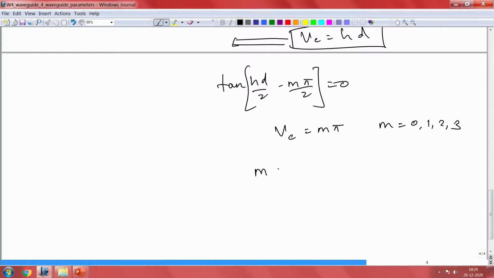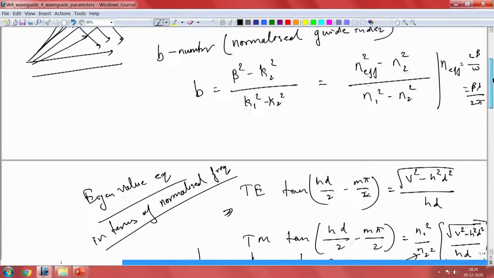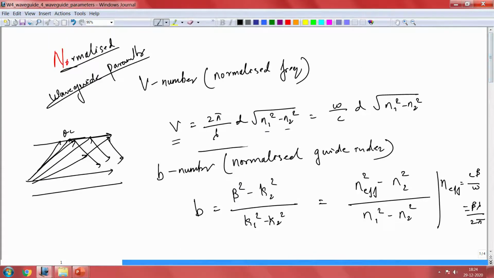So, we can do m equals V over pi. This will tell you how many modes, if I know the V number. The V number can be easily found if we know these parameters, such as the refractive index, the dimensions and so on.